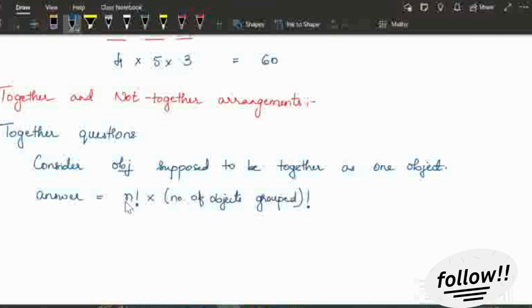What is n? It is the number of objects counted after considering the together objects as one particular object.